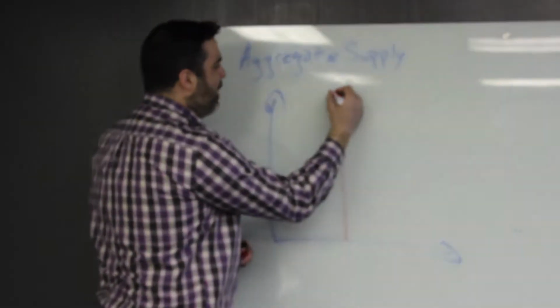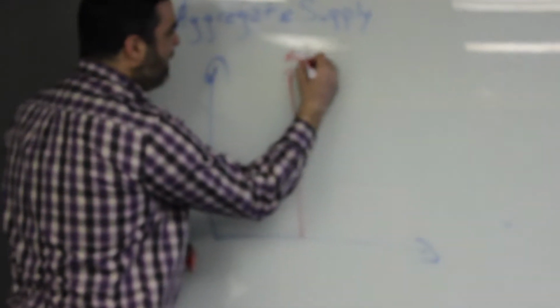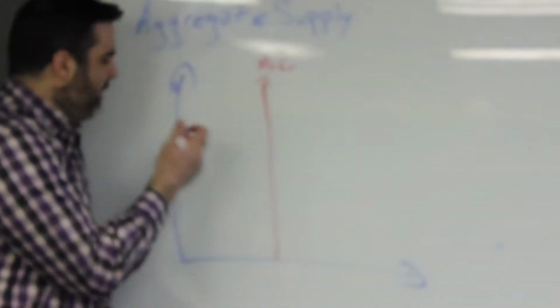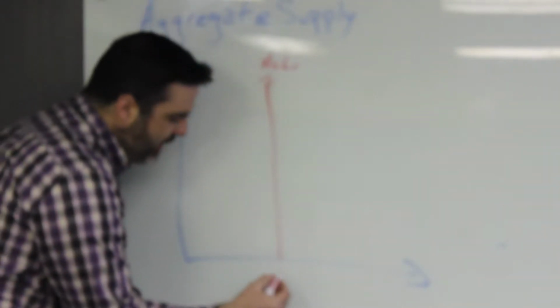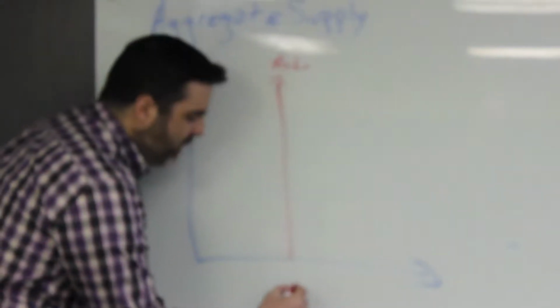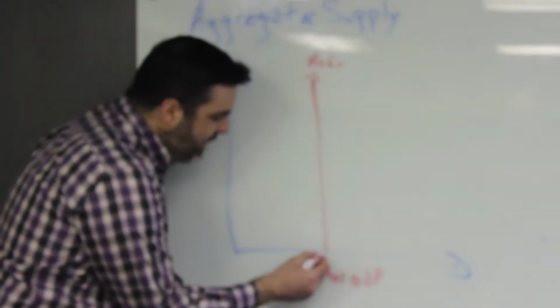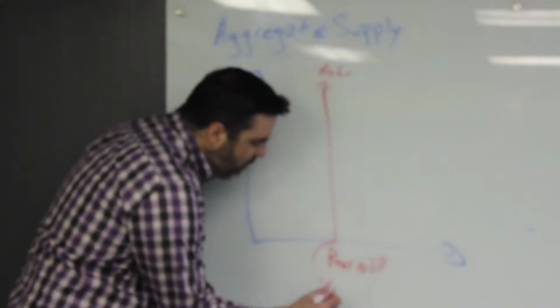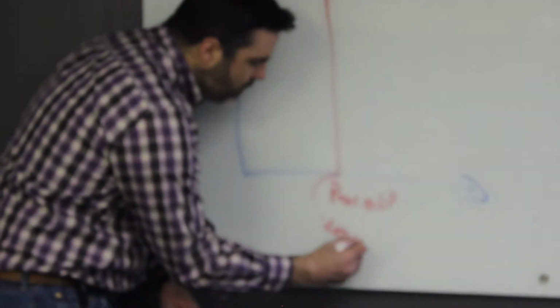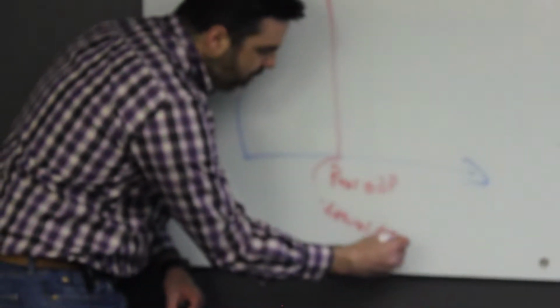This is going to be our long-run aggregate supply curve. So we have price out here. We have real GDP down here. And this is going to be our natural output.